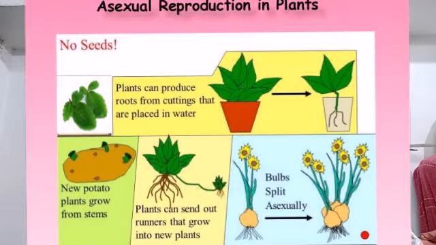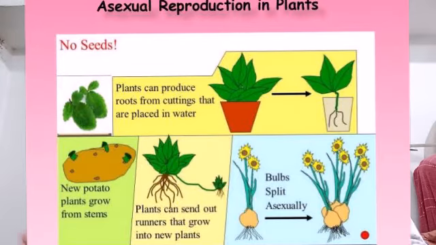Again I am repeating, among the various ways of reproduction we are going to divide them in two parts. Number one is the asexual mode of reproduction and number two is the sexual mode of reproduction.